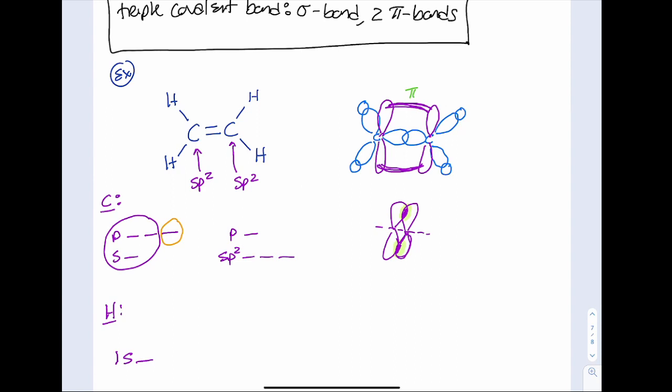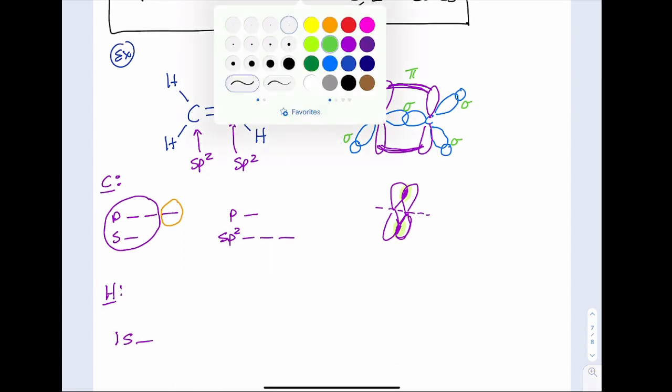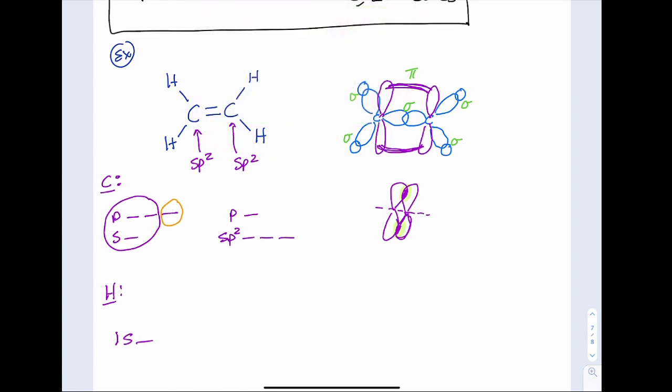So I have 1 pi bond, 1 sigma bond, that's my double. And then this is a sigma, this is a sigma, sigma, and sigma. If we were to count the number of sigma and pi bonds on this molecule, I would say I have 1, 2, 3, 4, 5 sigma bonds. And then I have 1 pi bond.